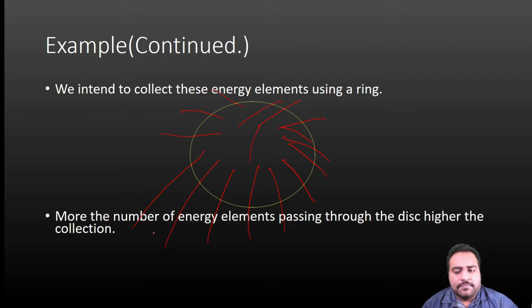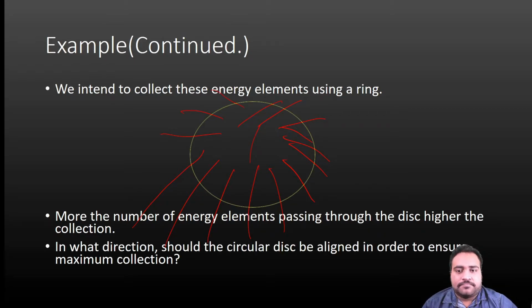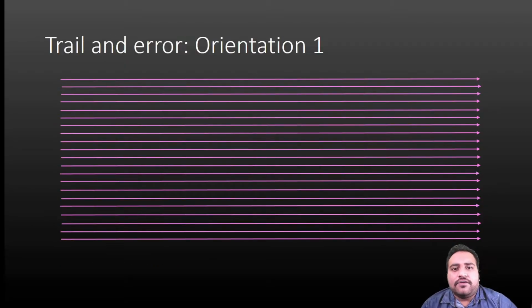Now, the more energy elements passing through it, the higher the collection. Let us look at how we shall place the ring in the field to have maximum collection. Let us consider scenario 1.